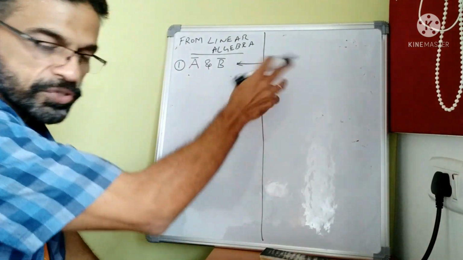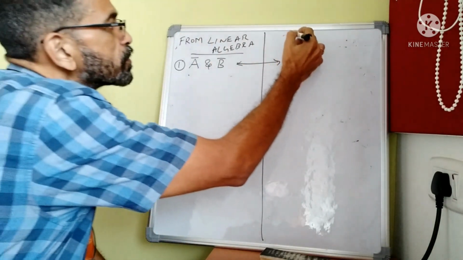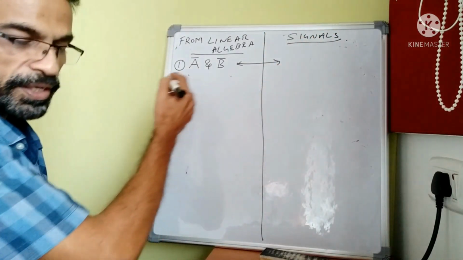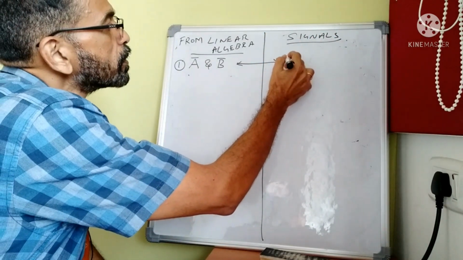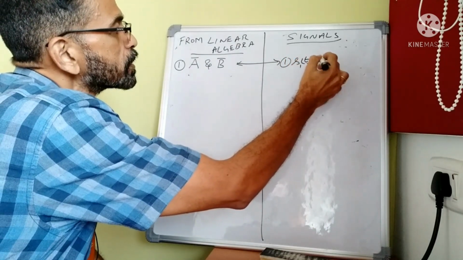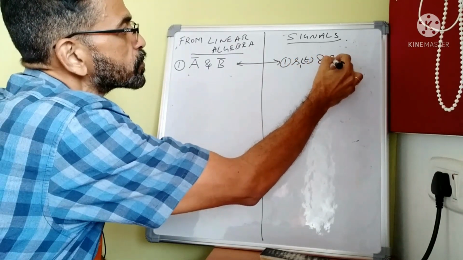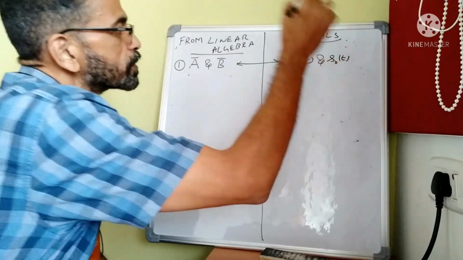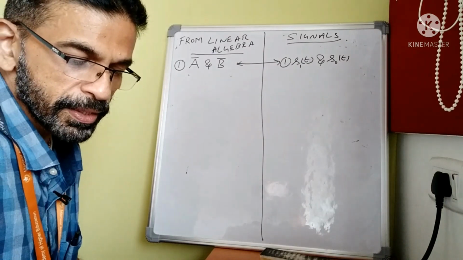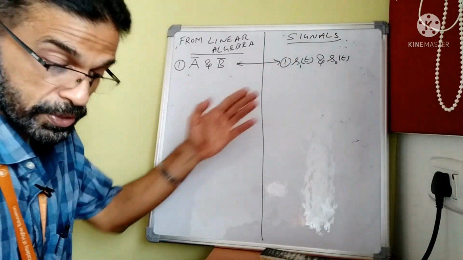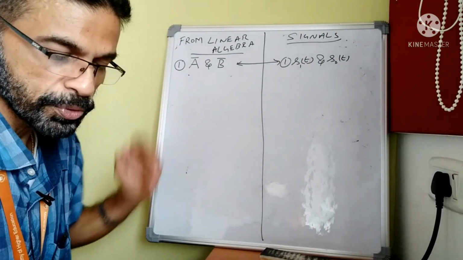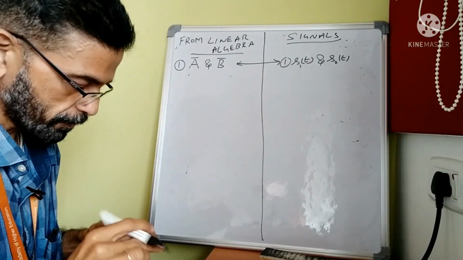The mapping of this step onto the signals side is that we have S1t and S0t. So let S1t correspond to the vector A and S0t correspond to the vector B.